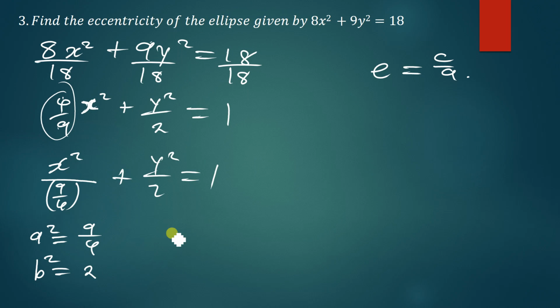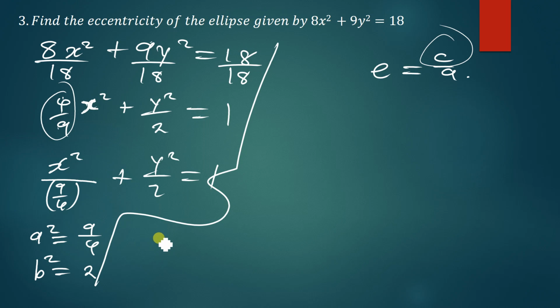All right. So since we have found a squared and b squared, we can now find what c is, because we need to find c for us to find the eccentricity. So to find c, according to the ellipse, we know that c squared is given by a squared minus b squared.